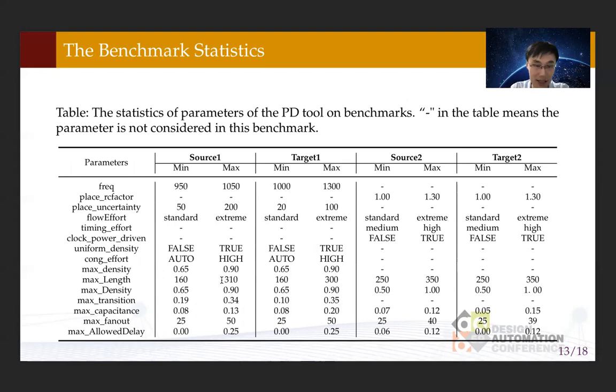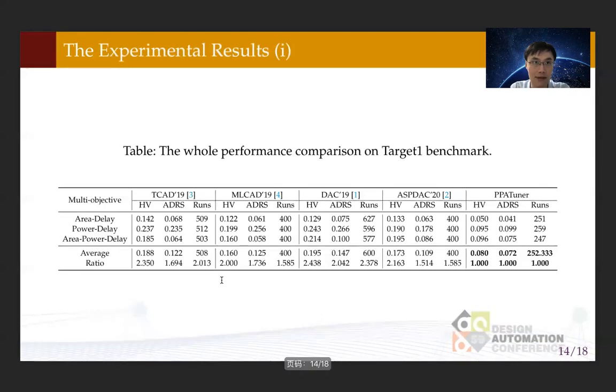We exploit industry benchmarks under the 7 nanometer technology node, where three of them, I mean source 1, target 1, and source 2, are generated by the same multiply-accumulate design with different parameters. And the target 2 benchmark is generated by a much larger design.